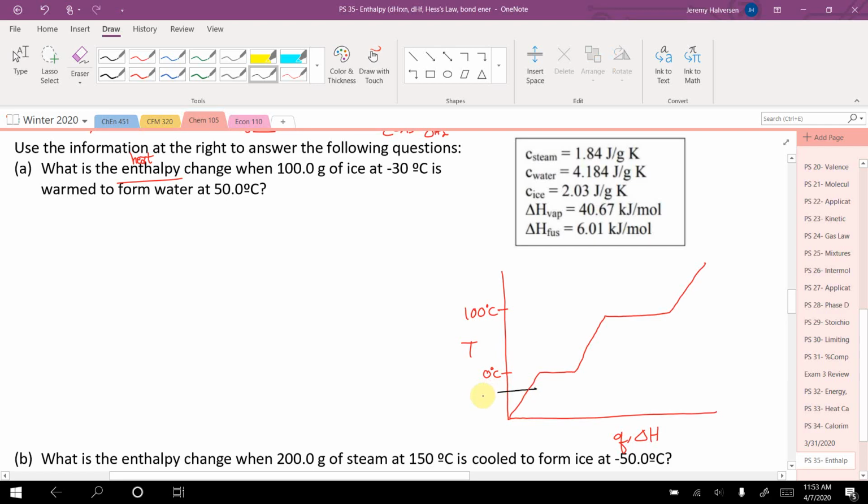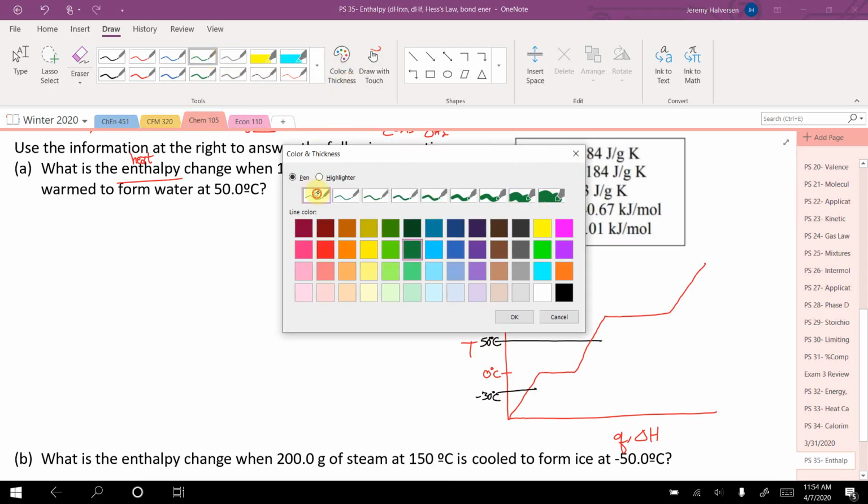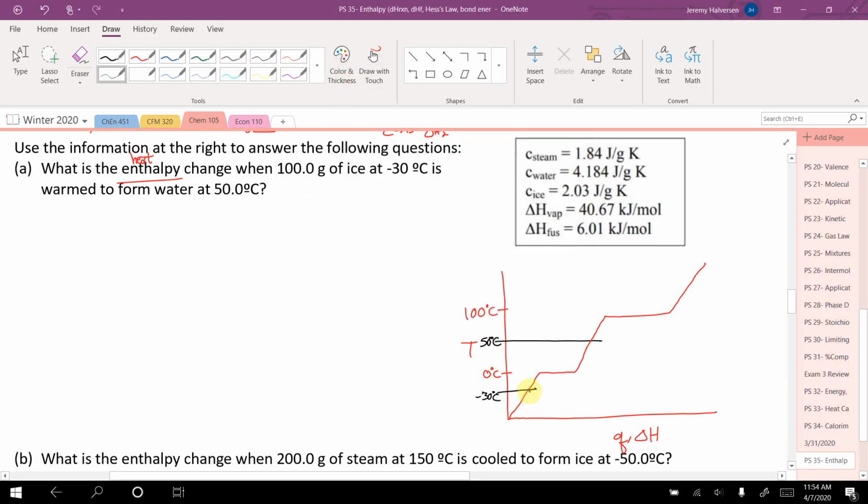And we want to end up at water at 50, right in the middle there. And we're trying to find the heat associated with that. So we're trying to find what is this Q, or this delta H, right? Again, I'm just writing them both because they are synonymous.